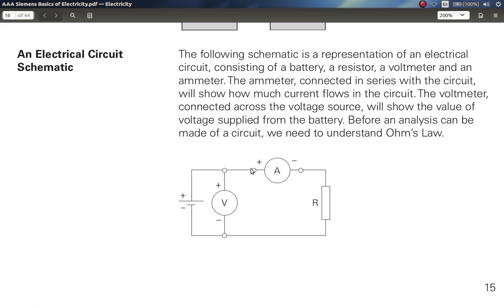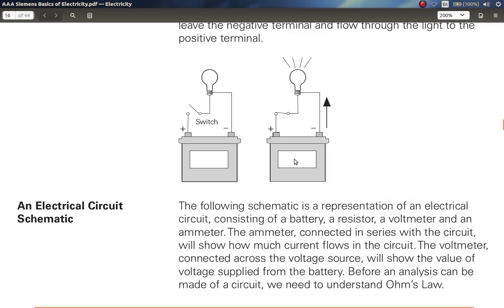Now, a schematic diagram uses symbols and various representations that really do not look like the items you would see in reality, but they are generally used, very simple and widely accepted. Up here, this is not a schematic diagram.